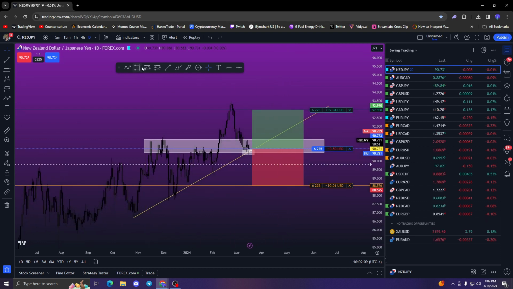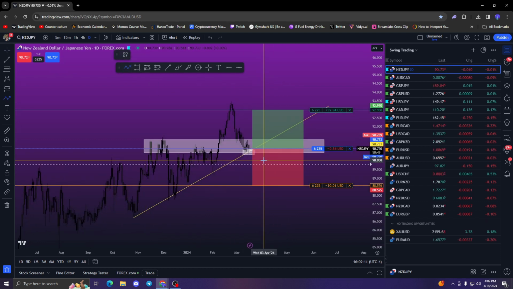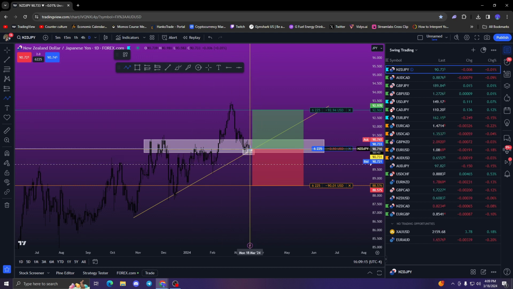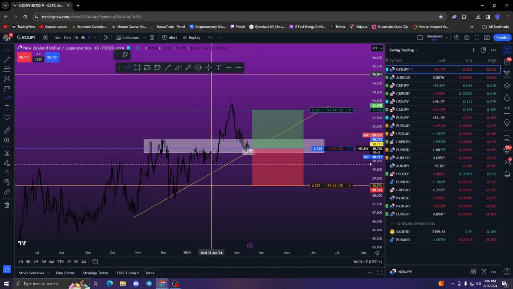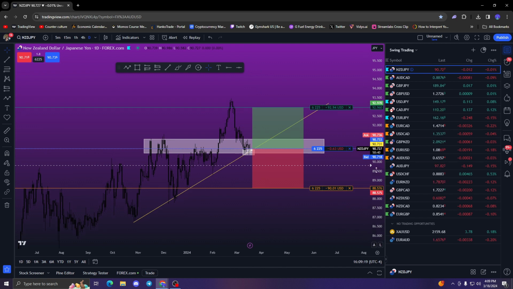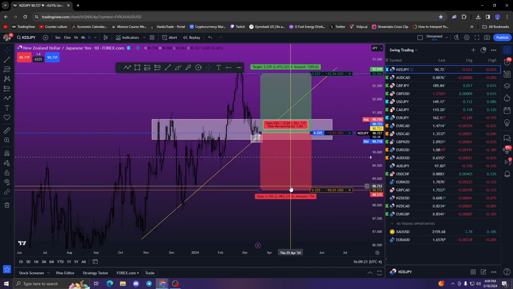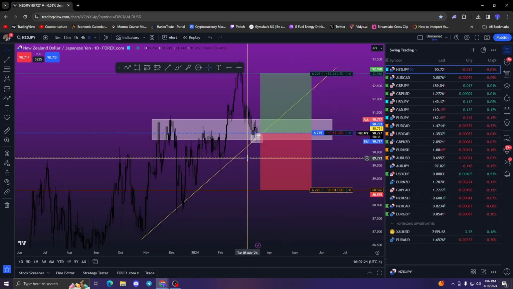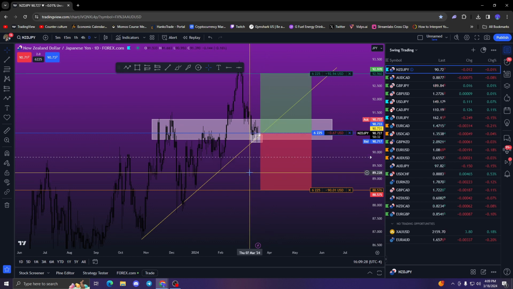But if that doesn't happen, this white dotted line is where I will look to exit the trade to manage my risk. So instead of taking a full stop out, I will look to close the trade once this alert goes off, just to manage my risk and get out of the trade early.